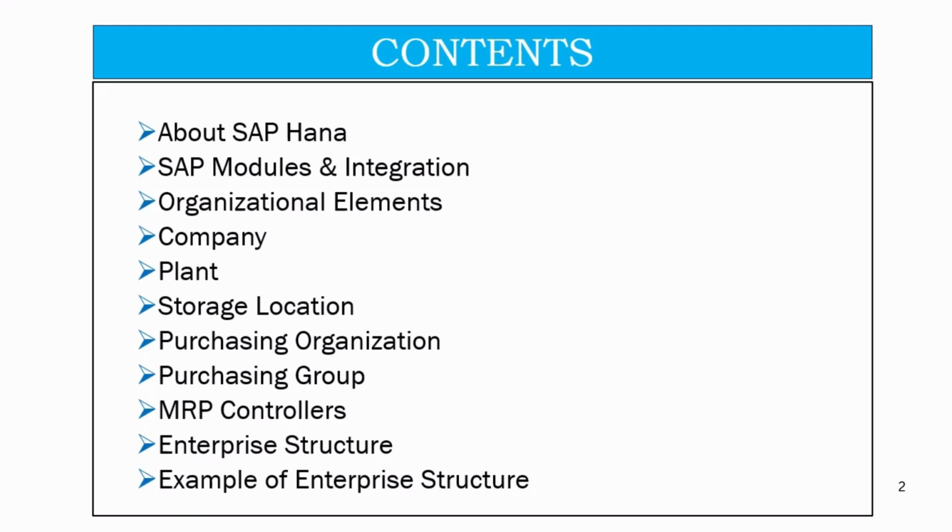Organizational elements are like company, plant, storage location, purchasing organization, purchasing group, MRP controllers. All these are the elements of organization. Then you have enterprise structure. This is a sample diagram, and then you have an example of enterprise structure.